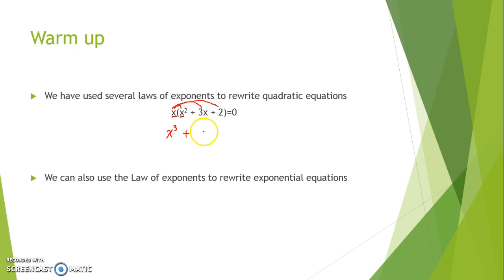X times 3x, that would be 3 times x, 1 plus 1, squared, plus x times 2, which is 2x. So there would be, again, the example of the law of exponents. We use the multiplication law of exponents. We're going to use these same laws to help us rewrite exponential equations.